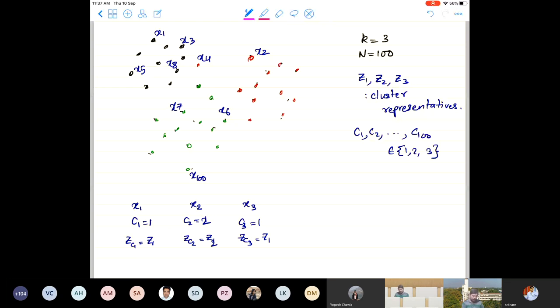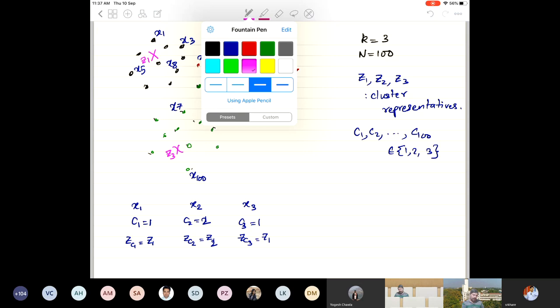And now I will use a pink color and a cross to represent a vector which I declare to be the representative vector of each of the groups. So this cross is say Z1, this cross is say Z2, and this cross is say Z3. Then what am I really looking at? I am looking at the distances.